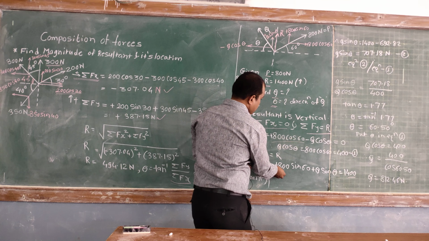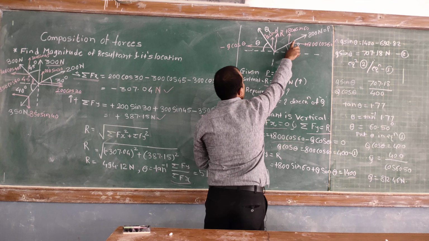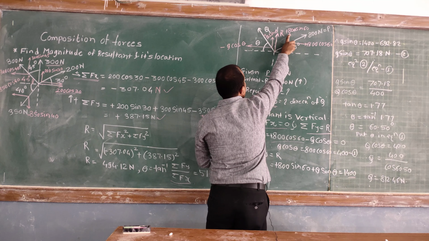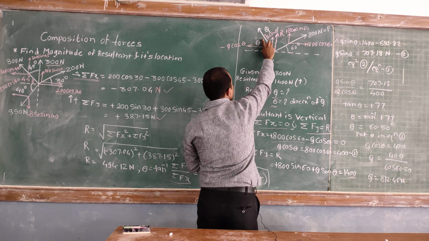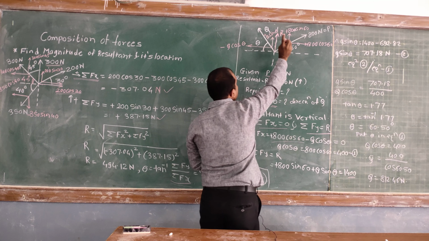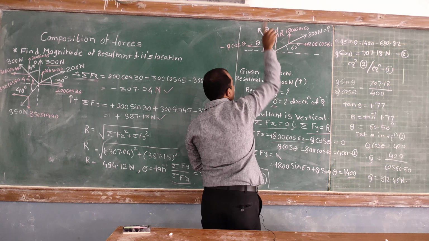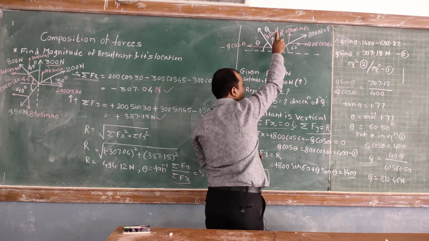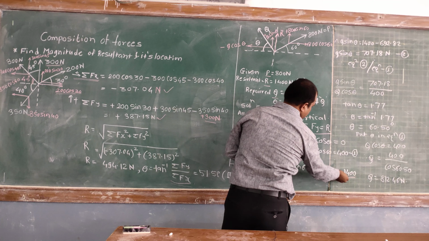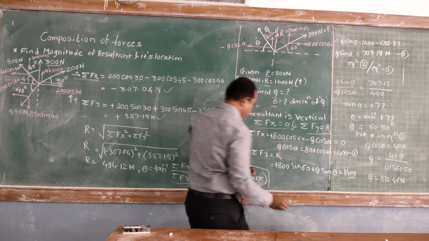The component of 800 in the y direction is 800 sin 60, and the component of Q in the y direction is Q sin theta. Both are vertically upward, so both are positive. R is also vertically upward, so it is also positive. So 800 sin 60 plus Q sin theta is equal to 1400.